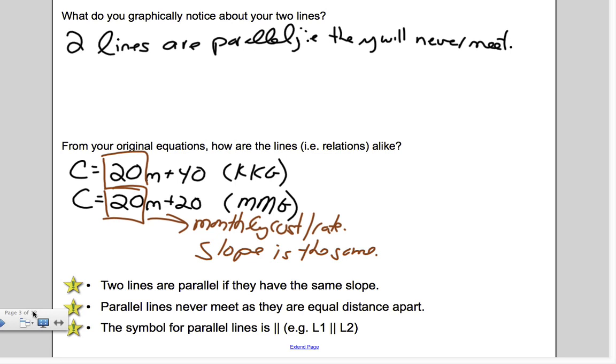They'll never run into one another. Parallel lines never meet as they are an equal distance apart. Something that Dean was saying.